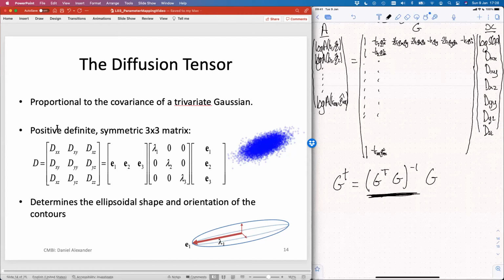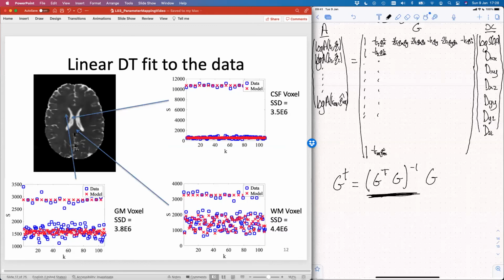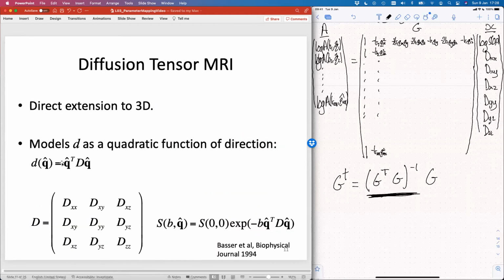So we'll come back to that in a second, but the diffusion tensor itself is a positive definite symmetric 3 by 3 matrix. Symmetric 3 by 3 matrix we know already. Positive definite is obvious if you think about it for a moment. If we flip back here, positive definite means by definition that for any q hat, if we expand this quadratic form, it must produce a positive value.